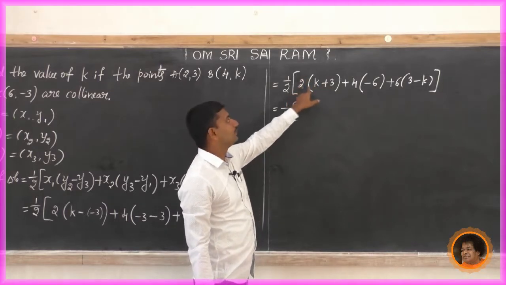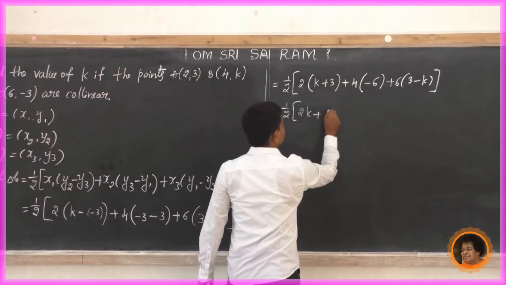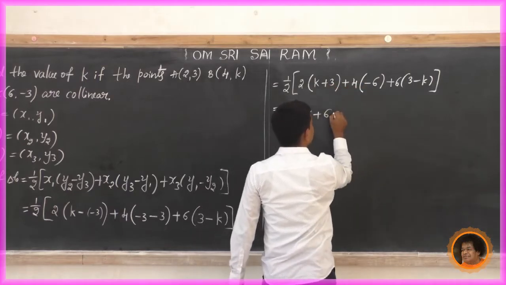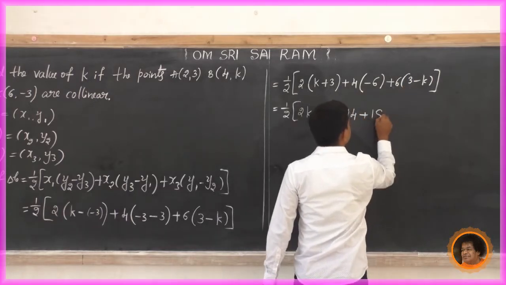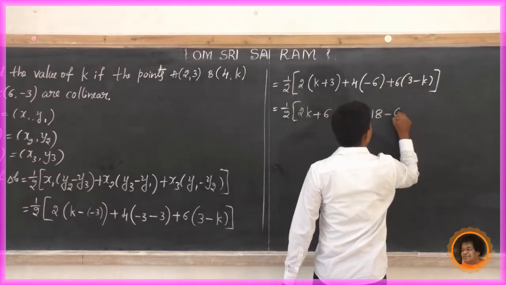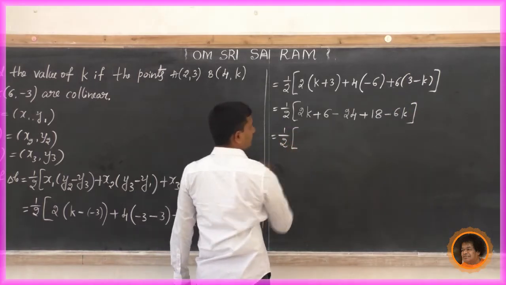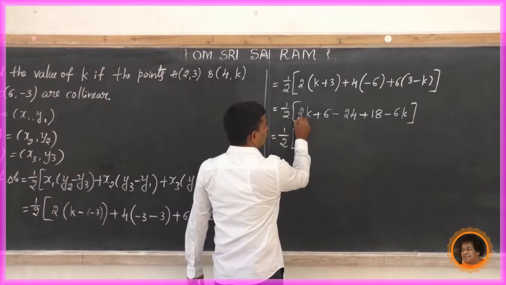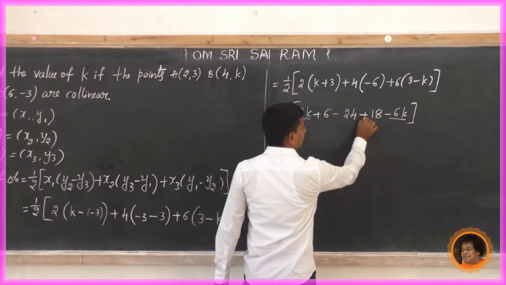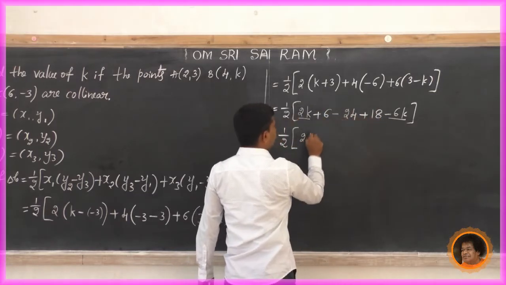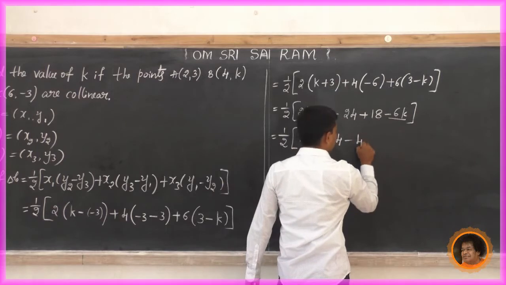Now multiply the term to each term of the binomial. So 2 into k is 2k, plus 2 into 3 is 6, plus 4 into minus 6 is minus 24, plus 6 into 3 is 18, plus 6 into minus k is minus 6k. This equals half into, combining like terms, 2k minus 6k, and 6 plus 18 is 24, minus 24, plus 2k minus 6k, that is minus 4k.